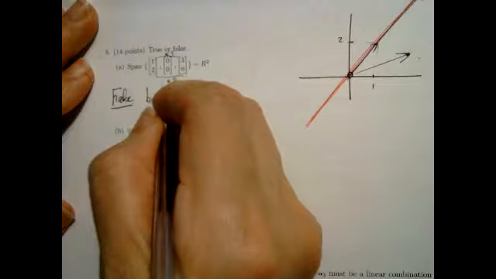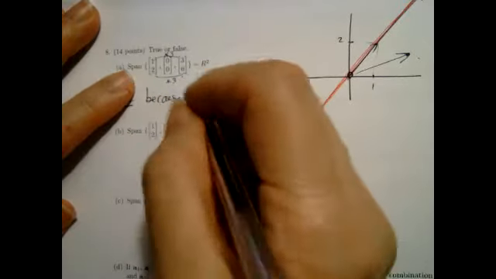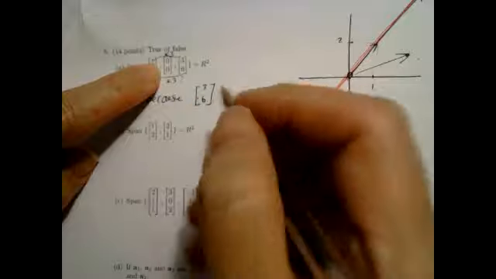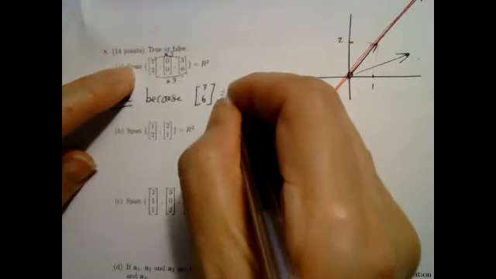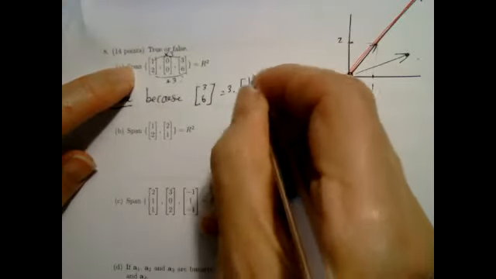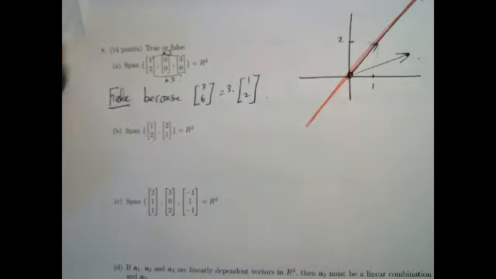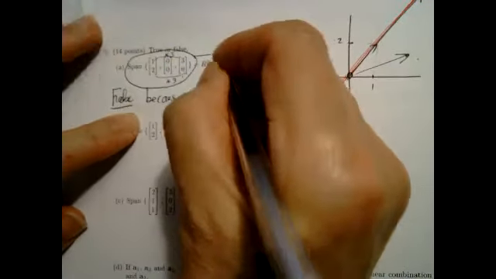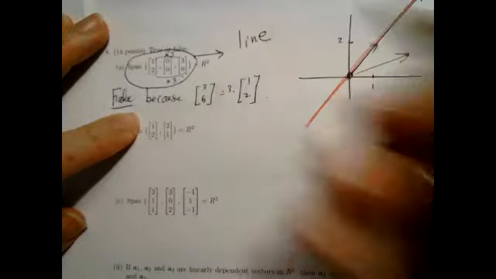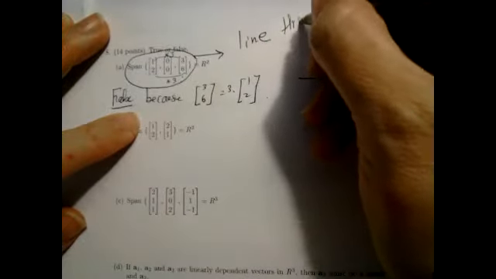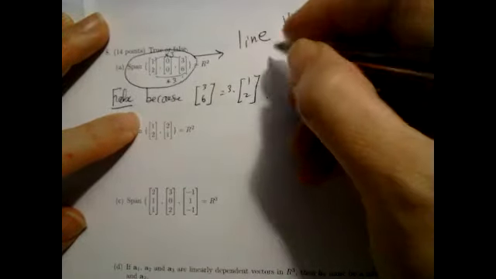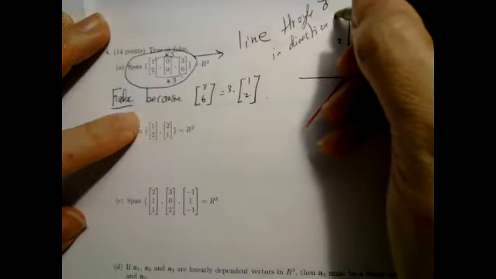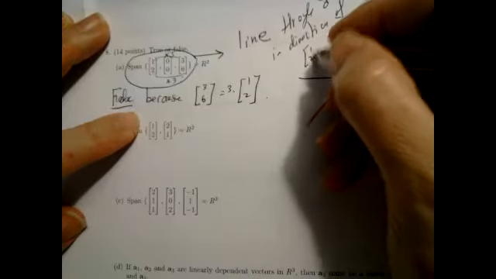Because the 0 doesn't really play any role, and the vector 3, 6 is 3 times the vector 1, 2. So the span here is nothing more than a line through the origin in the direction of the vector 1, 2.